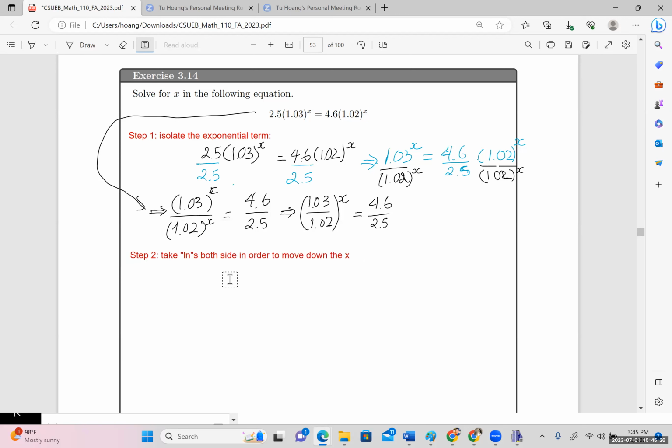It should be the same, just using a different base. So take natural log of both sides: 1.03 over 1.02 to the x equal to natural log of 4.6 over 2.5.